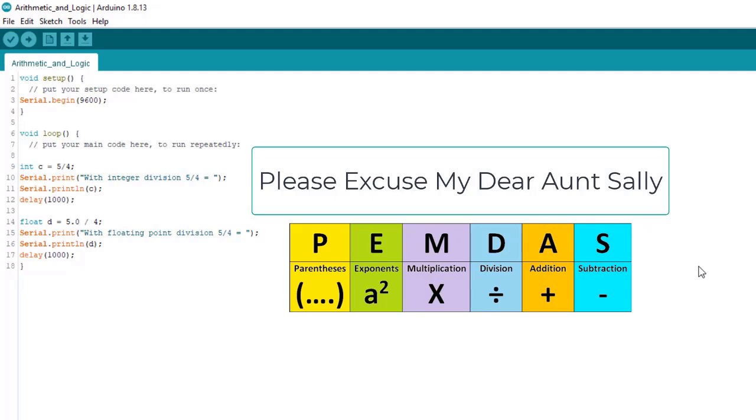Arduino does not have an exponential operator, at least not directly. Arduino does, however, provide the pow function for that purpose. Let's do an example real quick. If I type something like this, I get 3 raised to the second power.